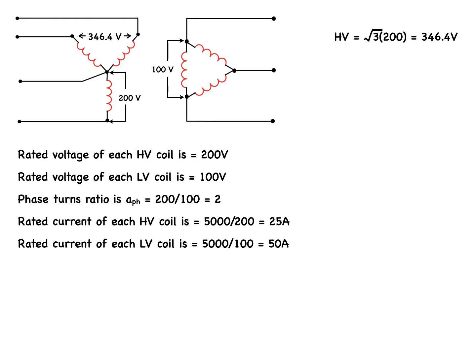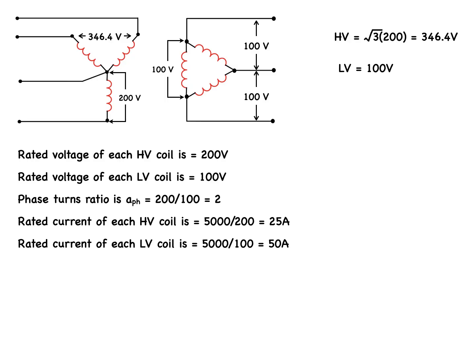This will ensure that the rated voltage, 200 volts, is applied across each of the high voltage windings, and that 100 volts is induced in each of the low voltage windings. Obviously, the available line-to-line voltage on the low voltage side will be 100 volts, since the windings on this side are connected in delta.